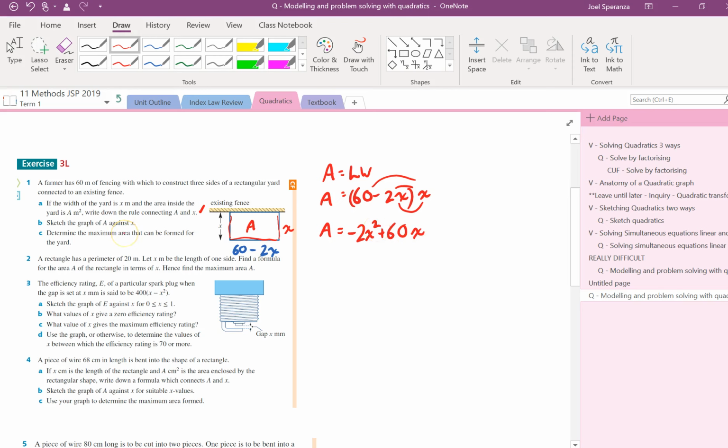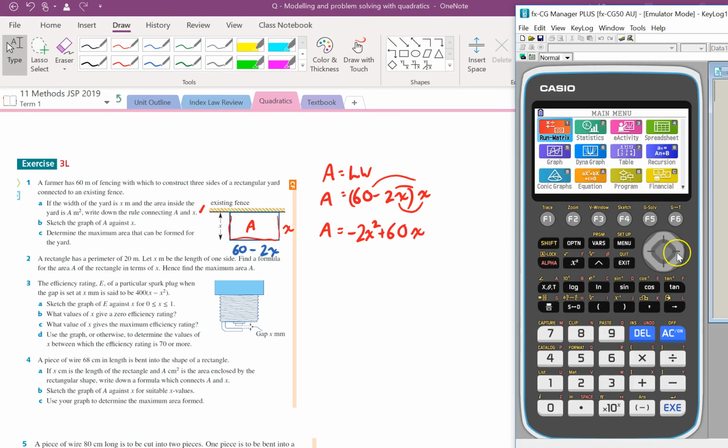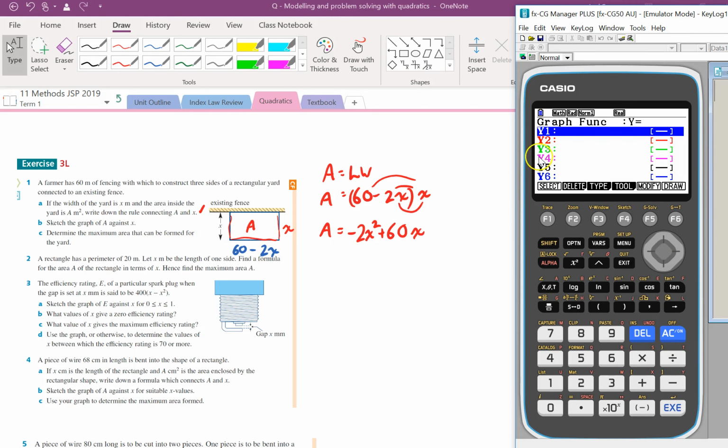You already know how to sketch equations, so I'm going to use my calculator to sketch this. So I've got my calculator open, I'm going to go into graph mode, this one here. Now that I'm in graph mode, I'm just going to let the a be y, because that's what your calculator deals with.